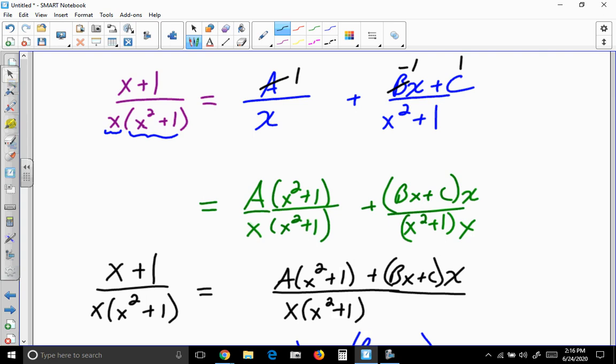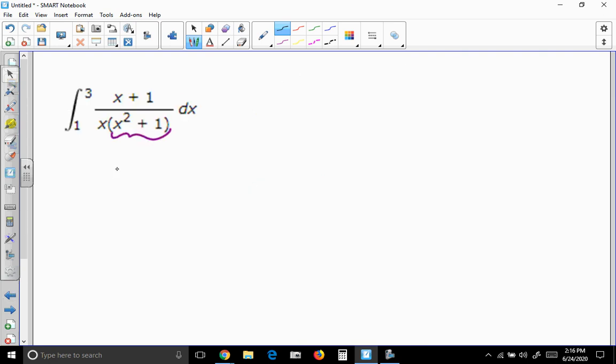So that's how that separates. We want to integrate that and evaluate it from 1.